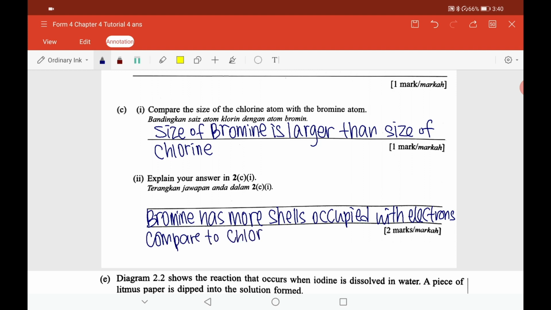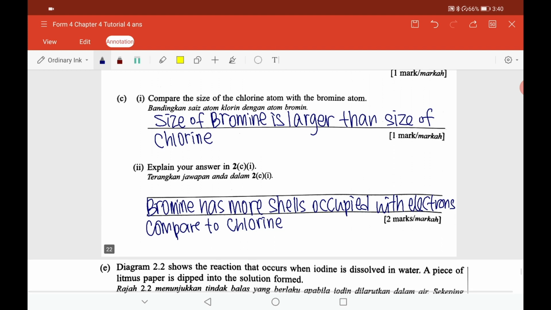It's correct, nothing wrong, but if you write this, you only get 1 mark. This question is asking for 2 marks, so we have to write 1 more.